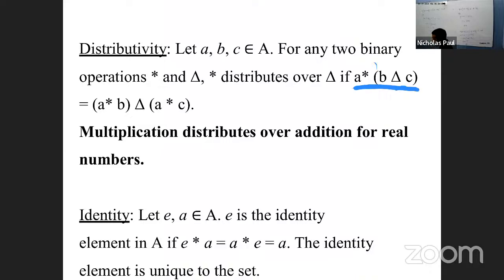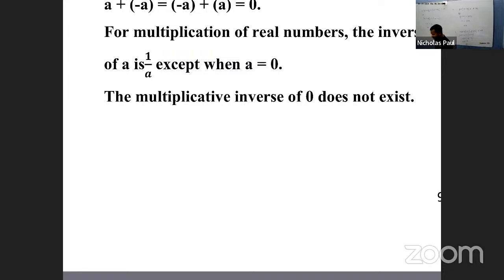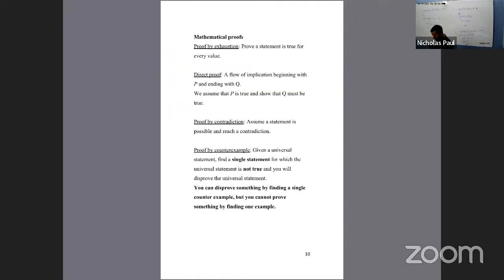Right? I can expand this out. So it will become A star B triangle A star C. All right? That's a distributive. Next day, we will take a look at identity and inverse, and then do some applications. Right? We have some proofs to do in mind.